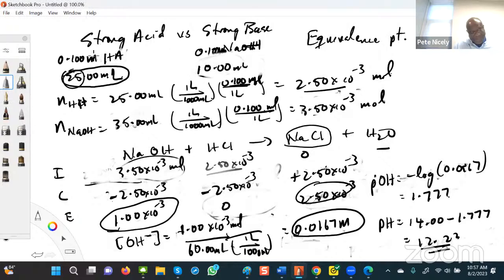So what we're doing now, excuse me, is a titration of a weak acid versus a strong base. So I'm just going to put here weak acid versus a strong base, right? So let me correct our changes here. So this is going to be 10.00 mils.